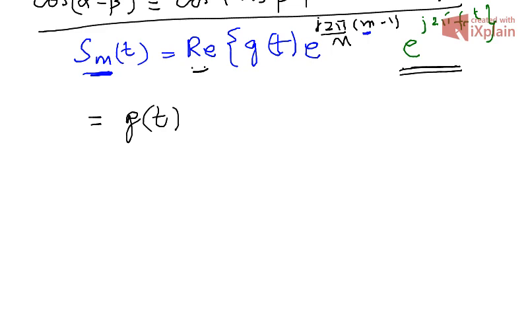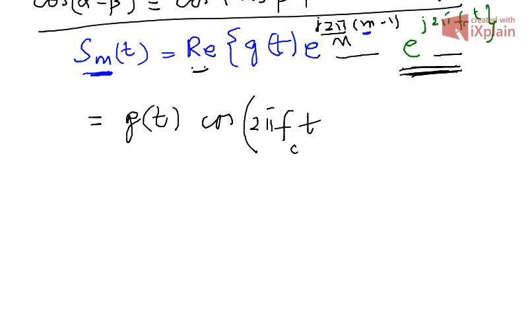So we are left with g of t, and I can say cos of 2 pi f c t, which is from here, the real part, and this is just like cos of alpha, and this is plus beta.